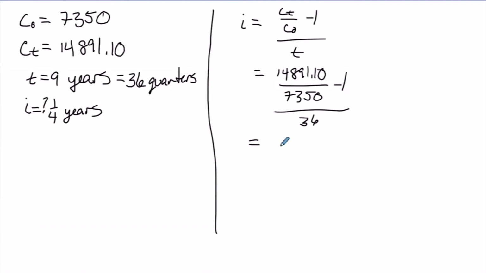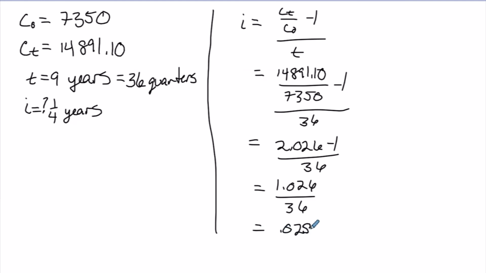We end up with 2.026 minus 1 divided by 36, which is equal to 1.026 divided by 36, which gives us 0.0285. And then we need to do that final step of converting from a decimal to a percentage. So we're going to multiply by 100, which gives us 2.85% per quarter.